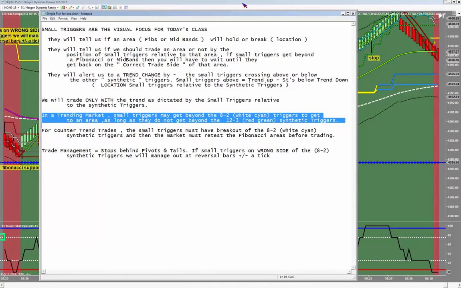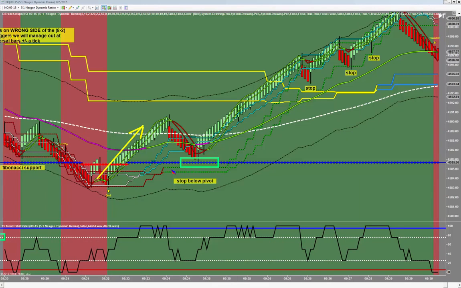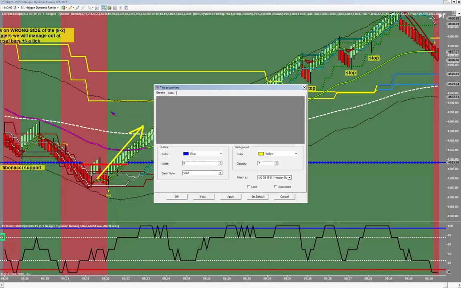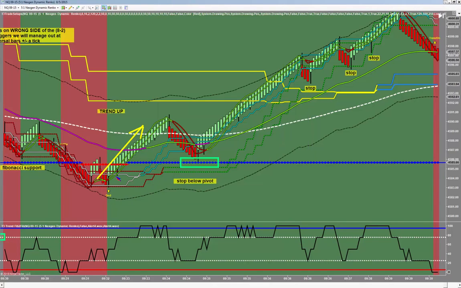All right, so what we had here was the trend changes to up, breaking above both of these synthetic triggers. And while we violated the 8-2s by a little bit, we still stayed above the 12-3s. You see the difference?